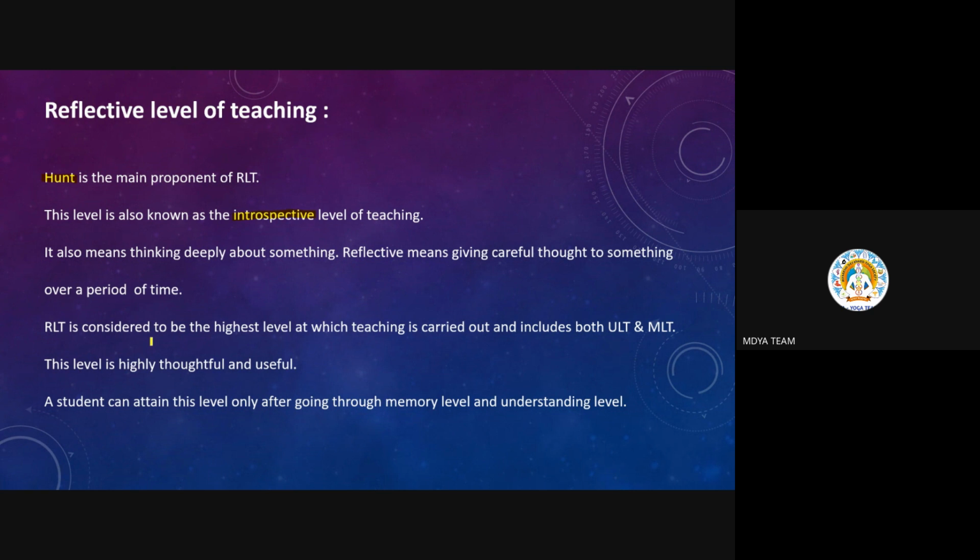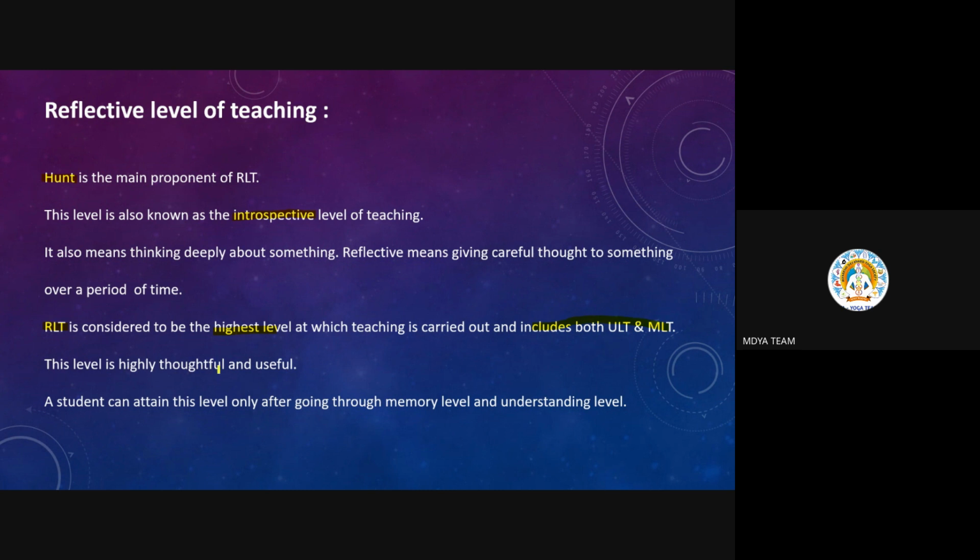RLT is considered to be the highest level and MLT is the lowest level. RLT is considered to be the highest level at which teaching is carried out and includes both ULT and MLT. As I have told you, in ULT, MLT is present, and in RLT, both ULT and MLT are present.